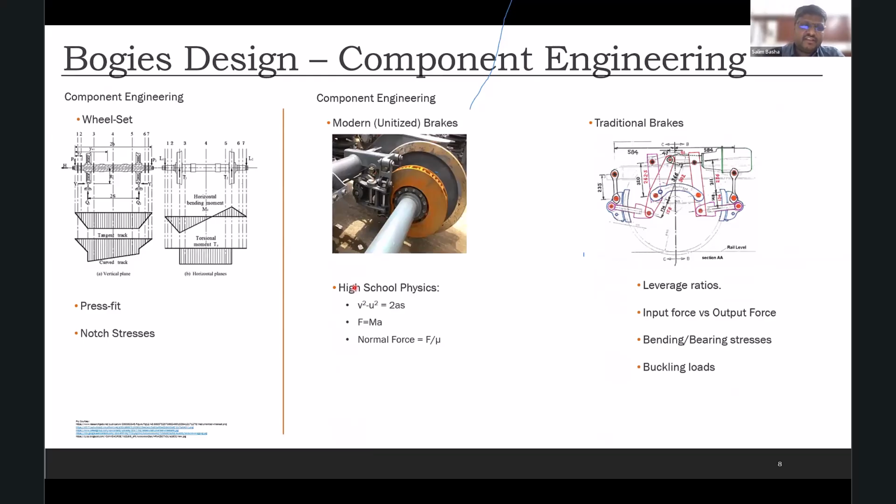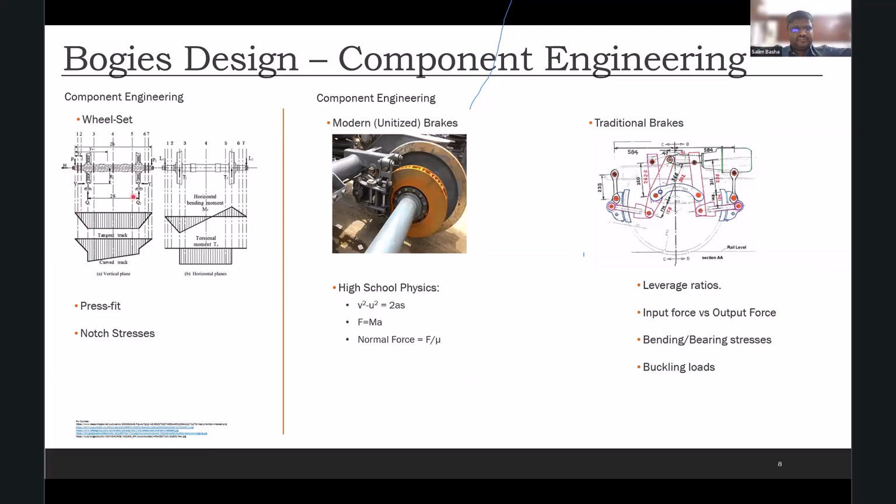The wheel set, for example. The wheel set as well gets designed based on the different loads that come onto it. I'm just showing some textbook examples here. You might have seen, maybe in high school or pre-engineering, that this is how the loading of a typical axle is.